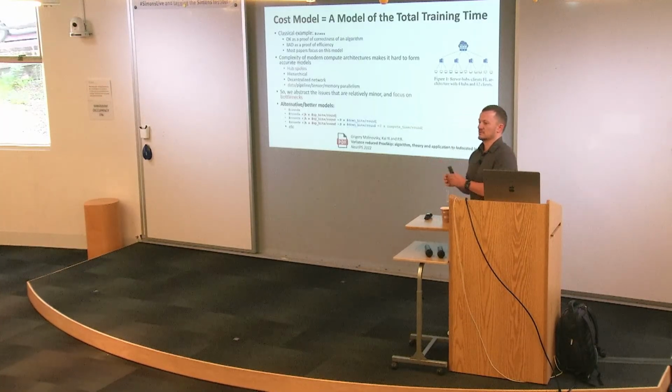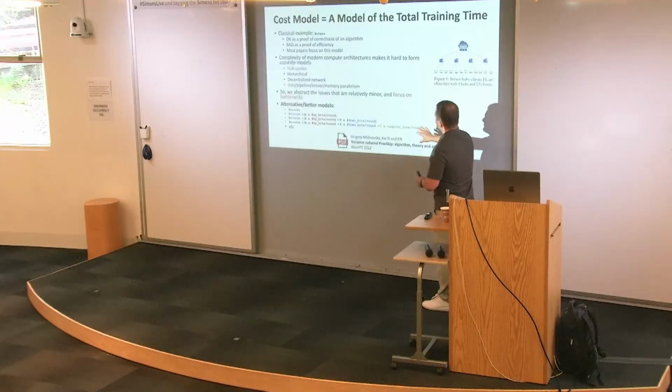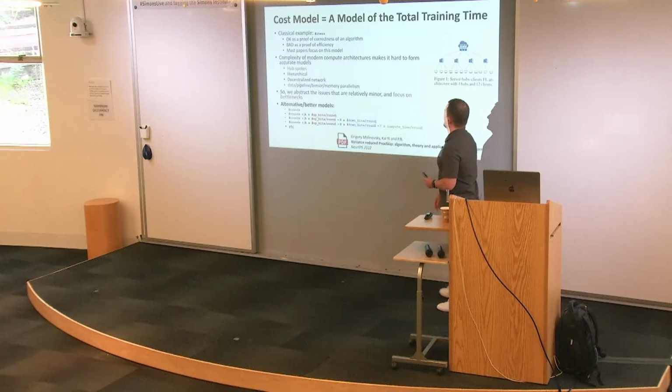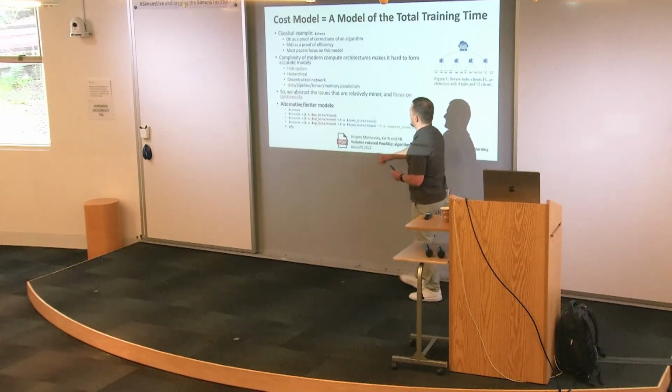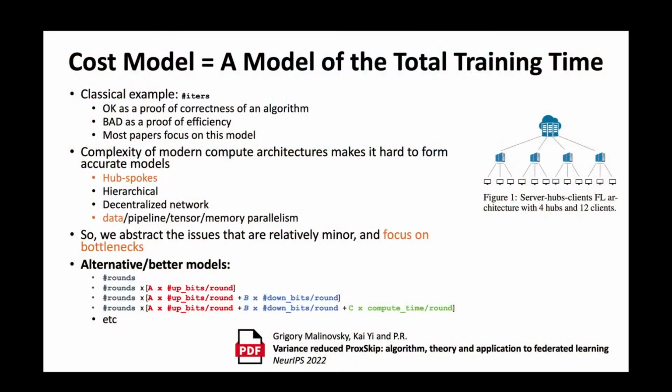That's my point. So to be more concrete, let's look at a setup where you have just one computer here, one hub, and some spokes. And the uplink communication is very slow, and the downlink communication is very fast.